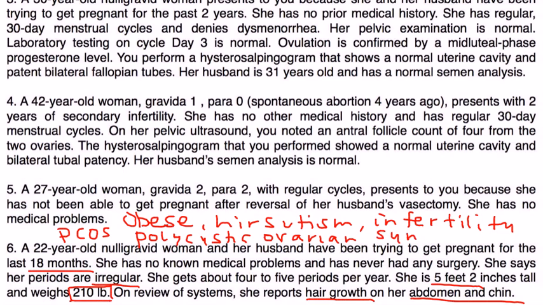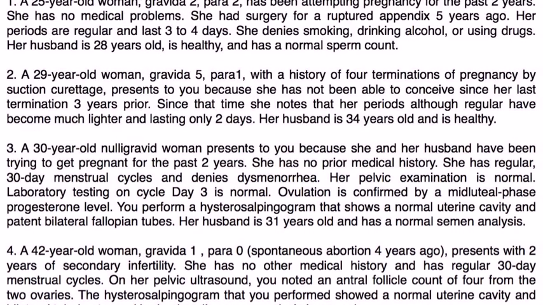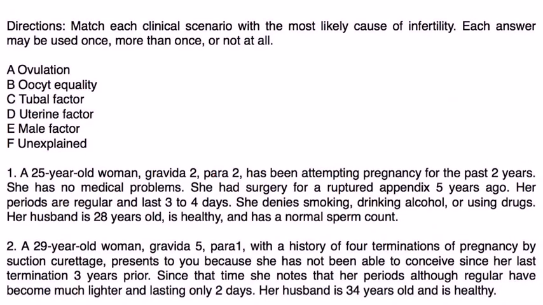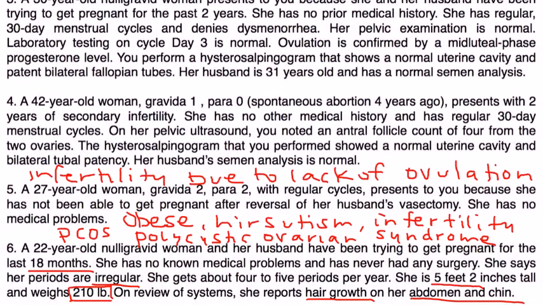And the main problem with polycystic ovarian syndrome is that the infertility is happening because of lack of ovulation. So of the choices listed, it would be choice A. So the answer to number 6 is A.